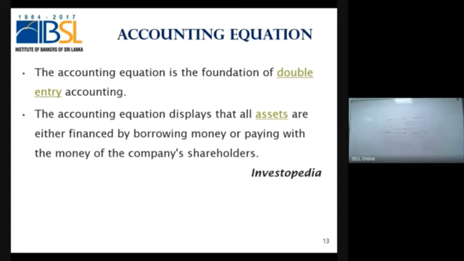Because we have to follow the double entry principle throughout this course. In order to establish all our workings, calculations, and preparing financial statements, all will depend on the double entry principle. Which is actually coming from the formula that we derived now. That is, assets equals liabilities plus equity.